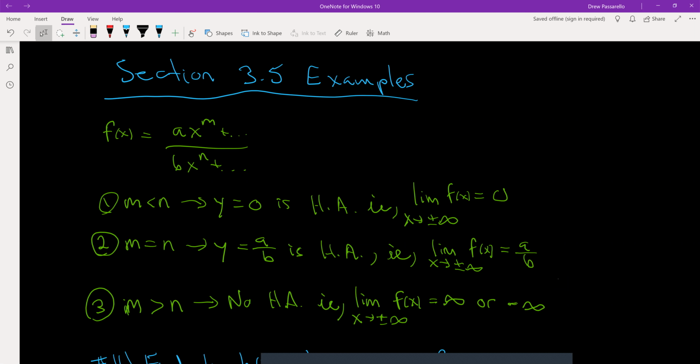If the degree up top in the numerator is less than the degree in the denominator for the leading terms, then y equals 0 is the horizontal asymptote, which means the infinite limit is 0. If the degrees are the same, n equals n, then you have the coefficients of the leading term. Y equals a over b is the horizontal asymptote, which translates into the infinite limit being a over b.